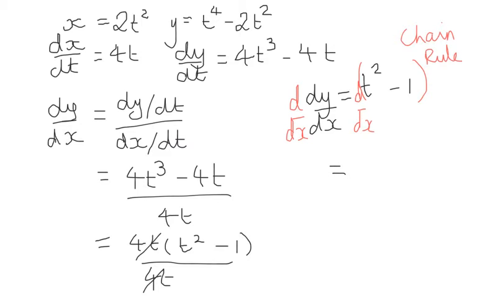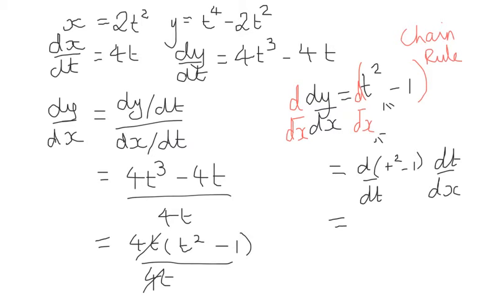To differentiate a function of t with respect to x, we're going to have to differentiate t squared subtract 1 by dt, because it's a function of t, then multiply by dt/dx. So it's really just the chain rule to get the second derivative.